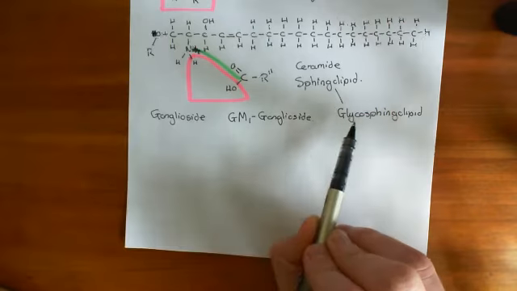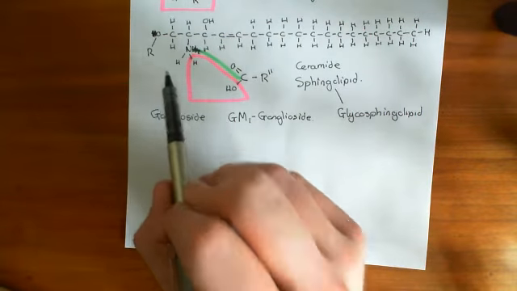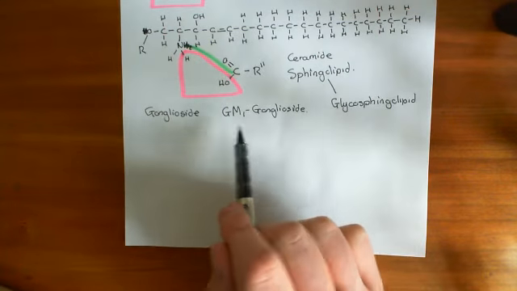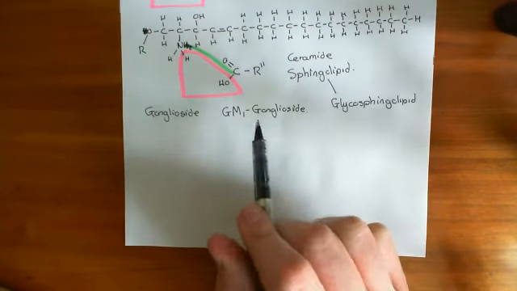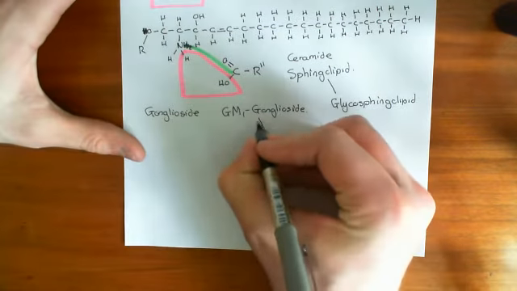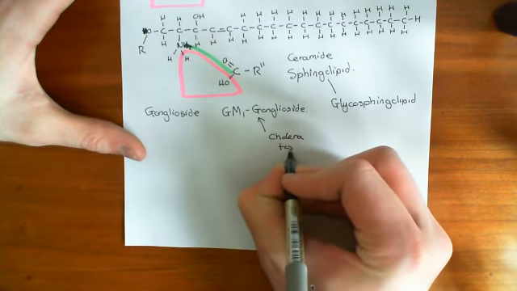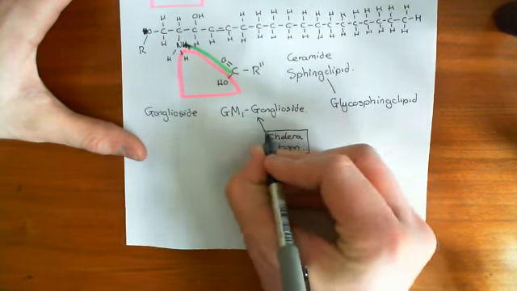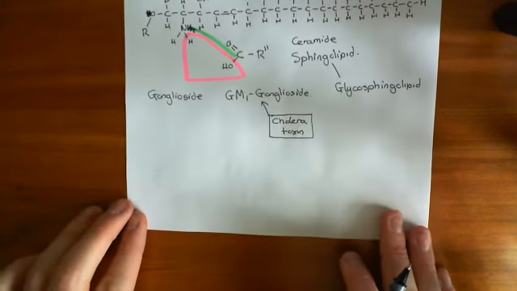Gangliosides are a type of glycosphingolipid. You attach a really large sugar group on here and you get a ganglioside. And the GM1 ganglioside is a specific one of these, and it also happens to be the one to which cholera toxin binds. So that's how cholera toxin gets into the cell, by binding to GM1 ganglioside. Okay, so that's a little aside. But these GM1 gangliosides are very highly present in lipid rafts.